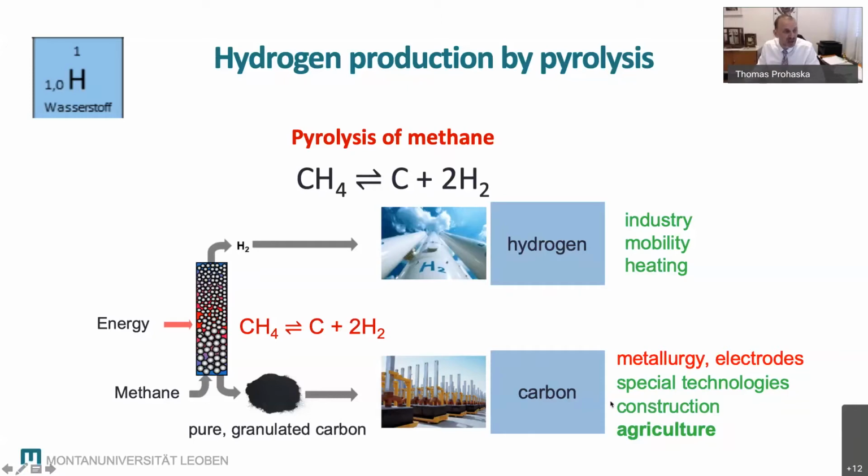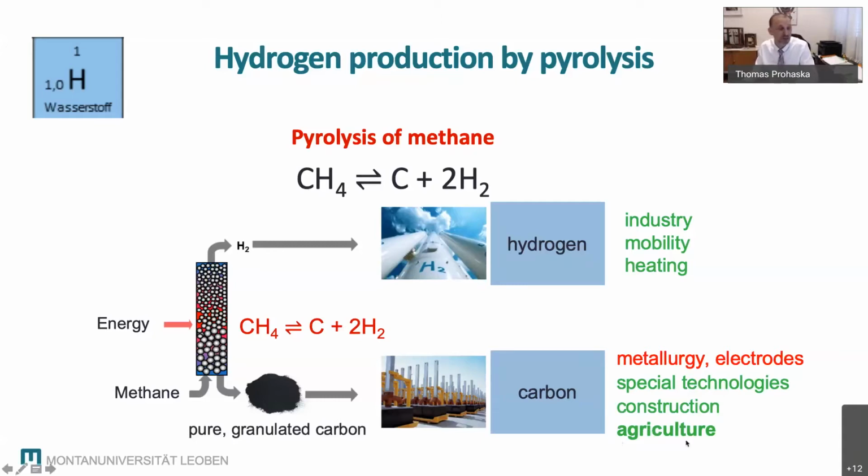Larger amounts of carbon can be used within construction, similar to what we have seen already with concrete. Carbon can be used here as an additional material, or maybe also to take up some heat and energy from the sun. But we also have a large range of applications in the field of agriculture.